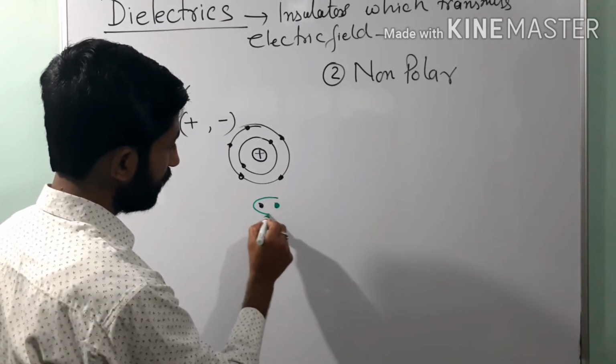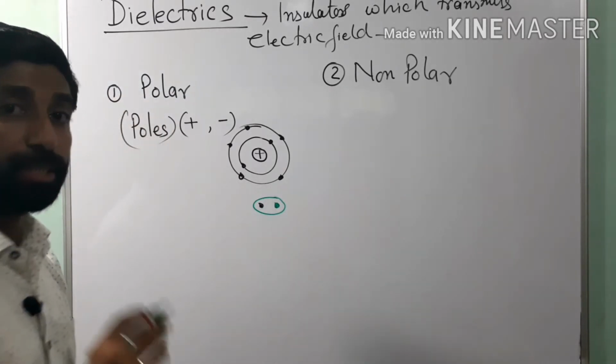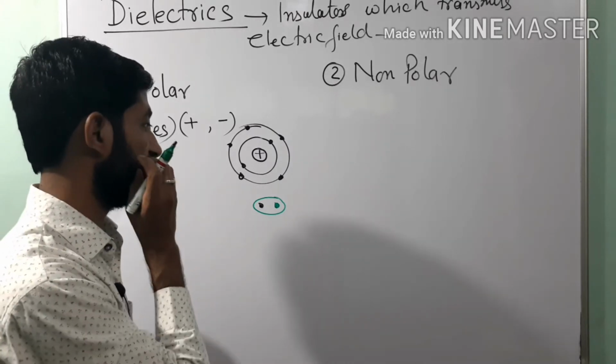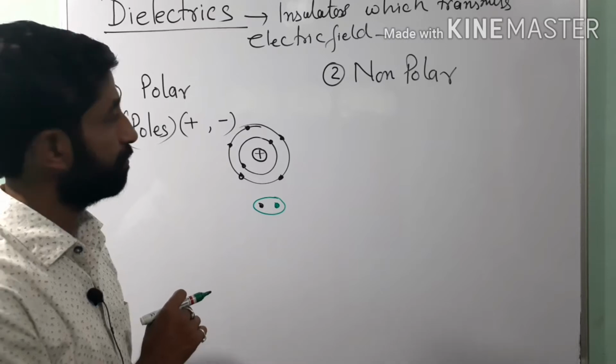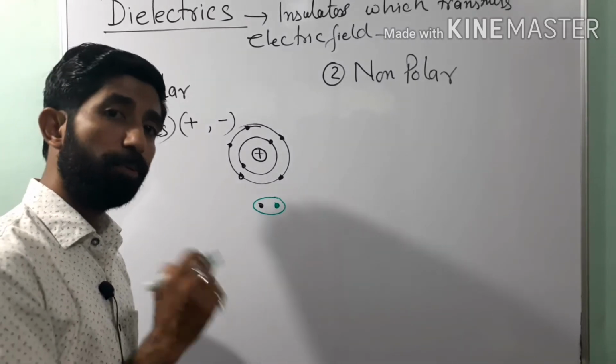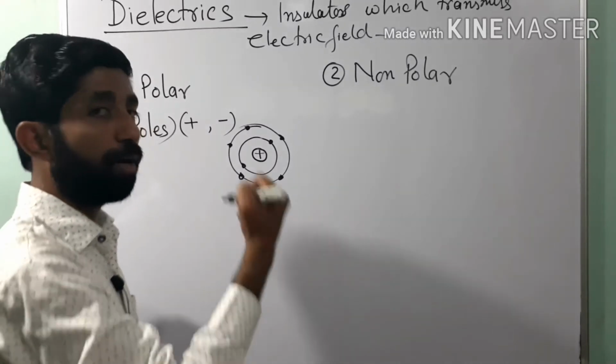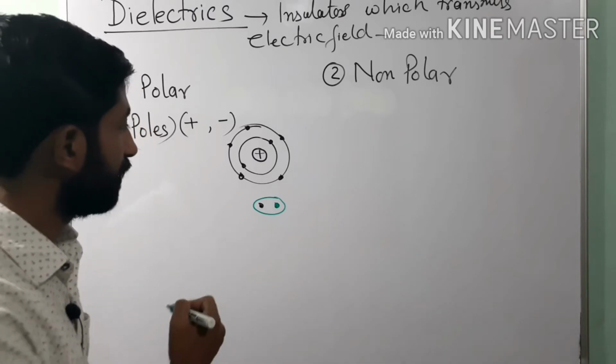So this is the atom. If I say it like this, then this atom is a polar atom.